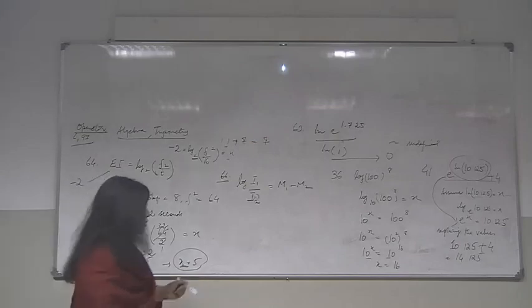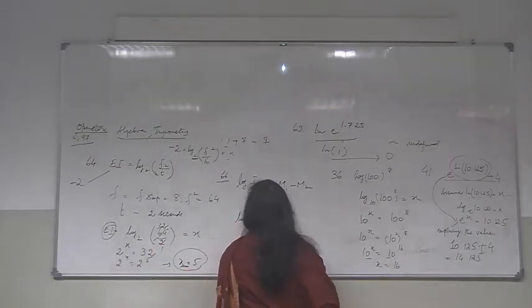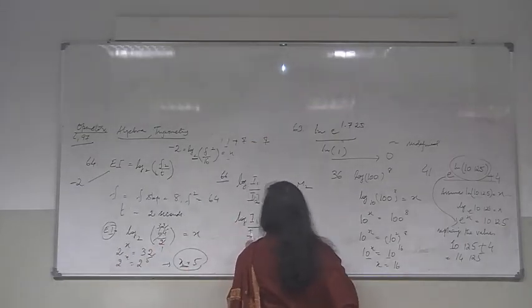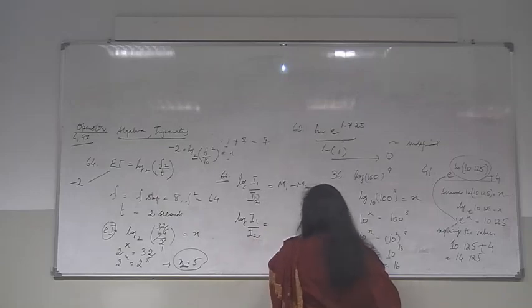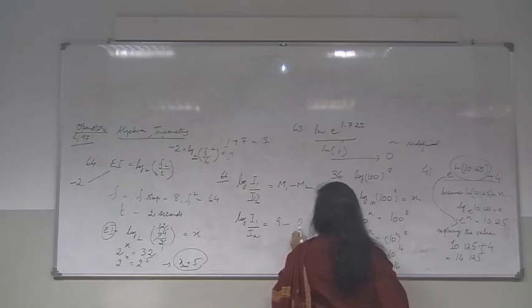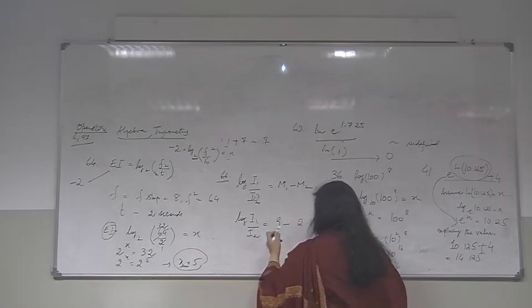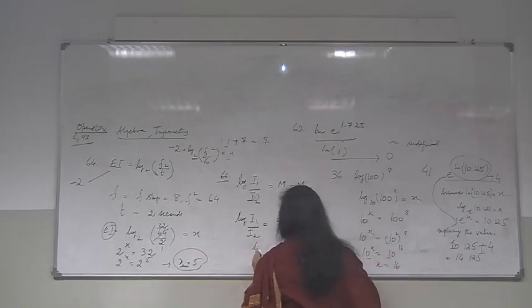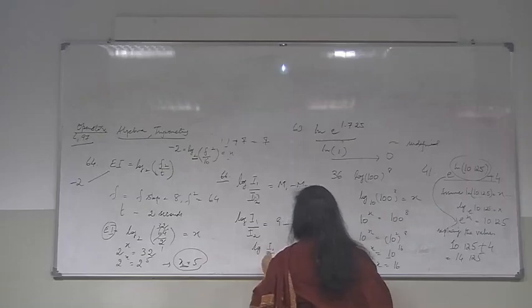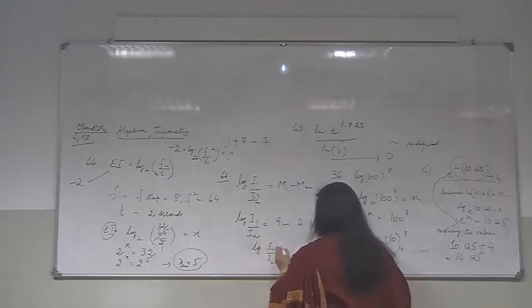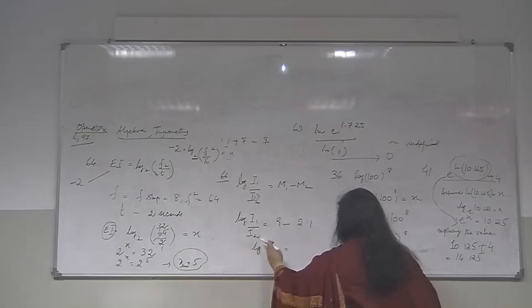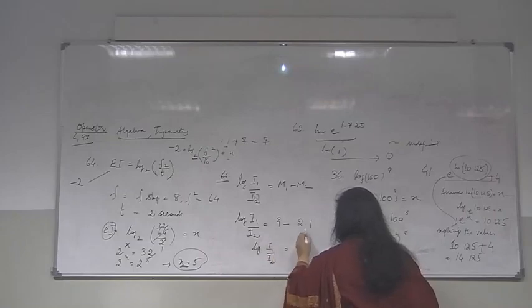So we're going to have log of I1 by I2 is equal to 9 minus 6.1 in this case, because this is the magnitude of 2011 and this is of 2008.